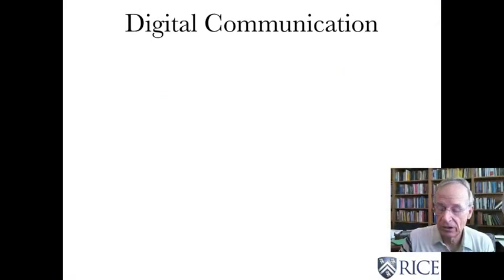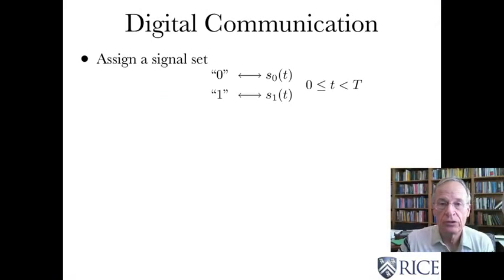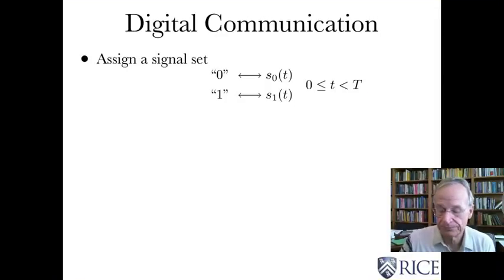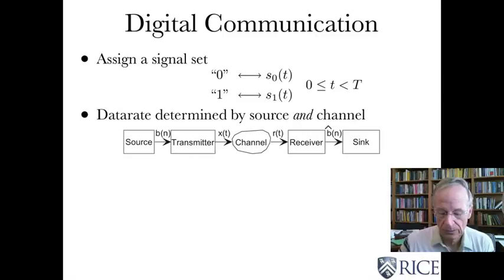So, in digital communication, what we do is we assign a signal set to each bit, and these signals have to be of finite duration. It's really important, so we can send one bit after another. The data rate is determined both by the source and the channel.